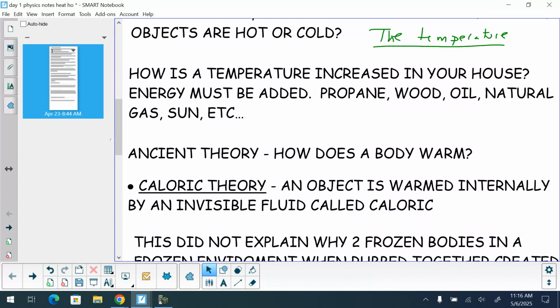Well, how does this desk go from 70 degrees to 85 degrees? There's no blood pumping through there, but how does it warm up? How does it increase in temperature? Well, they said there's an invisible fluid called caloric in there that will act like your blood and warm the object up.